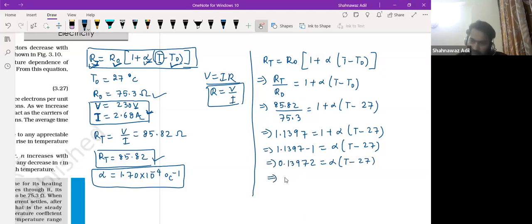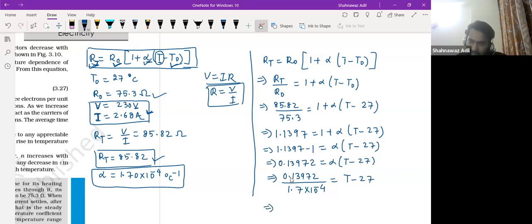So this is 0.1397 divided by alpha. Alpha is 1.7 into 10 to the power minus 4. This is T minus 27.